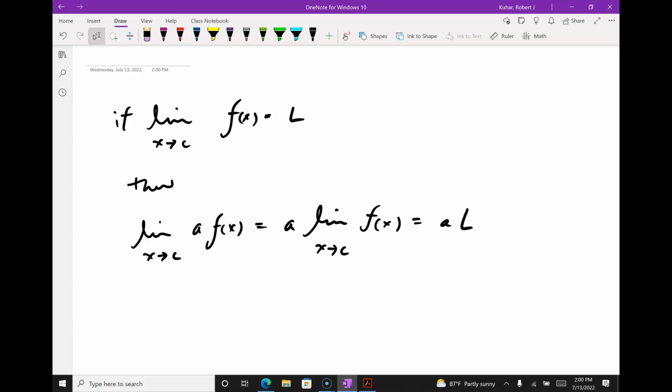What's a nice little shortcut way of saying this? And the hint is here. And of course, a is just a real number, just a number like 3, or pi.